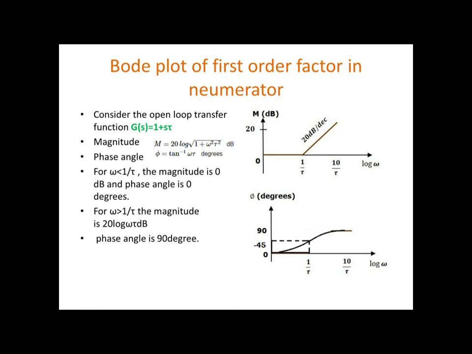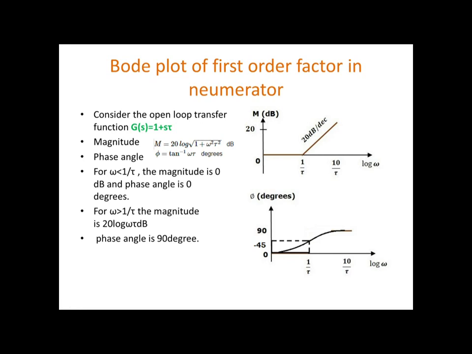But when ωτ is 10, that means ω equals 10 divided by τ, the magnitude becomes 20 dB. So the slope will be 20 dB per decade.